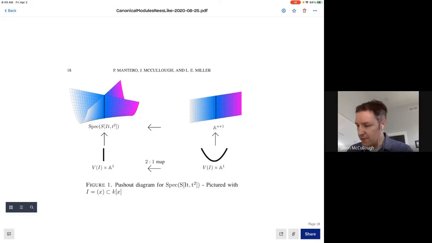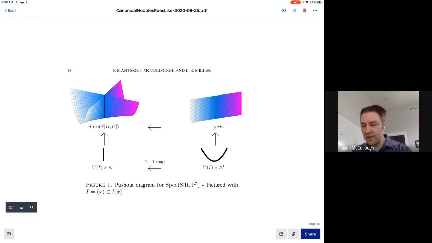And what you have is the original variety, V of I, and then you take a product with just an affine line. You think of a 2-to-1 map where you identify 2 points along the V of I cross A, and then you do this gluing map.